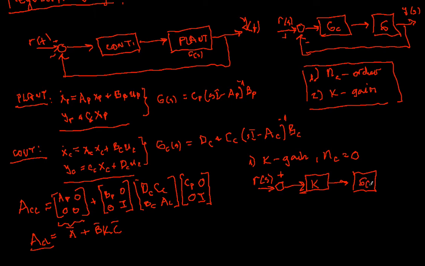Okay, this is already something that we are familiar with, because we know that the stability of this system is defined by the closed loop transfer function characteristic equation, and the characteristic polynomial of the closed loop transfer function is the following: 1 plus K G of s equals 0.